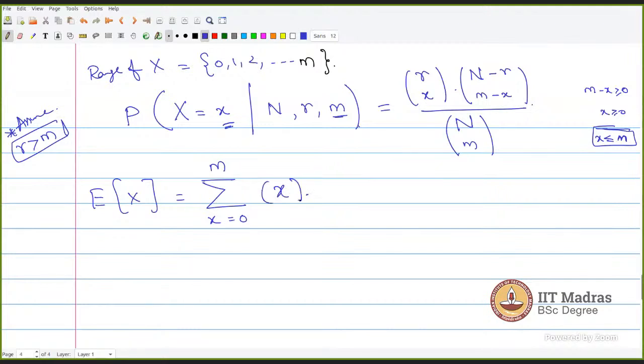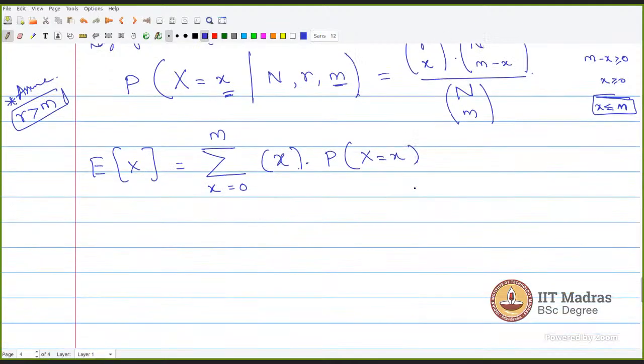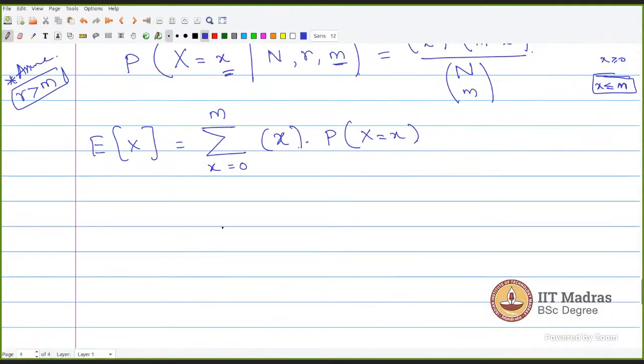And the expected value is the summation of x times the PMF of X. The PMF will be the probability that X is equal to x.